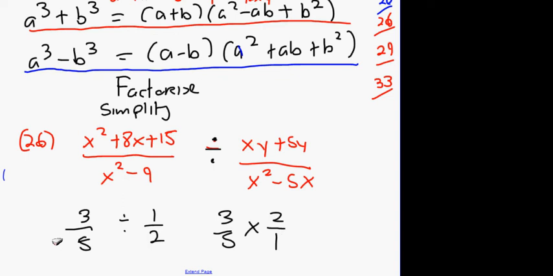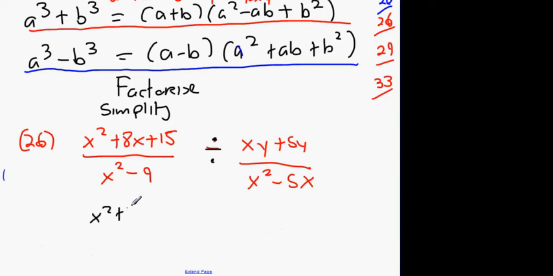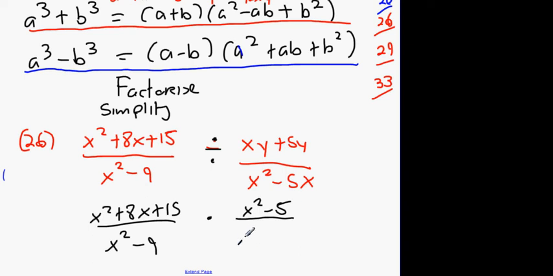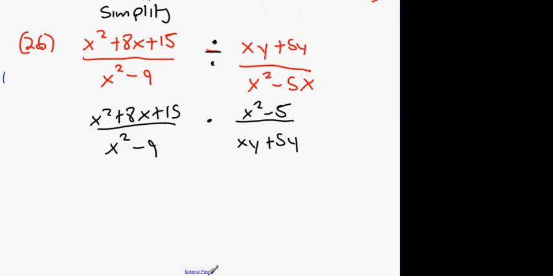This question is no different. It's a fraction divided by another fraction. So in a fraction divided by another fraction, you turn the second one upside down. Now we're going to have x squared minus 5 all over xy plus 5y. Now that you've done that, can anybody tell me what you need to do next?